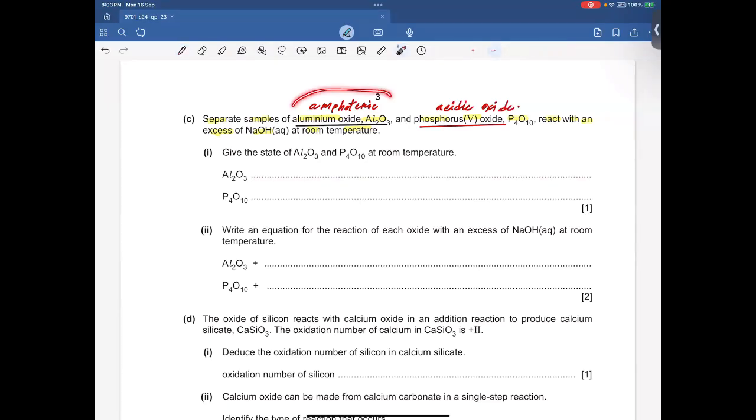And we know an amphoteric oxide can react with both acid and alkali, whereas an acidic oxide can react with an alkali. So give the state of aluminum oxide and P4O10 at room temperature: both are solid at RTP, all right? We have done that in the class.